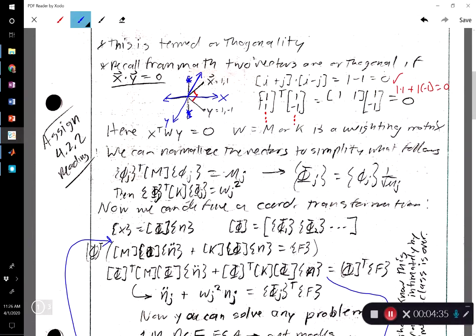But whether we have orthogonality with respect to a weighting matrix or direct orthogonality, the result is the same in that we can break the equation into independent parts. In Cartesian space, we might have one equation for the x direction and one equation for the y direction. They're both independent. We can solve them independently. The same is true on these skewed coordinates.